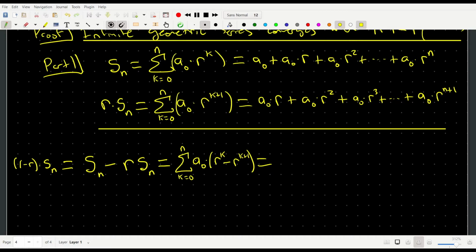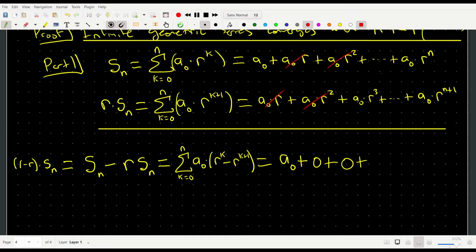You can go through and do this out using the actual summation notation, but you can also see what happens between the terms in this sum. If I subtract all of these terms from all of these terms, my first term is going to be a naught. My next term is a naught times r minus a naught times r, which is 0. The next term is a naught times r squared minus a naught times r squared, which is also 0.